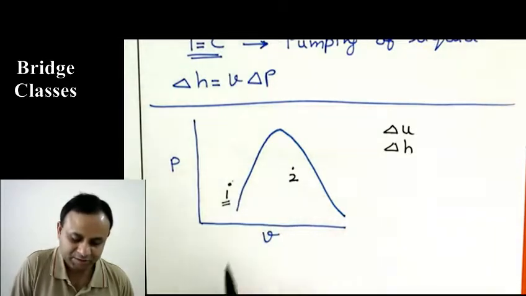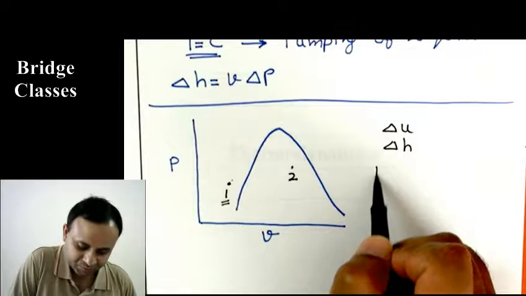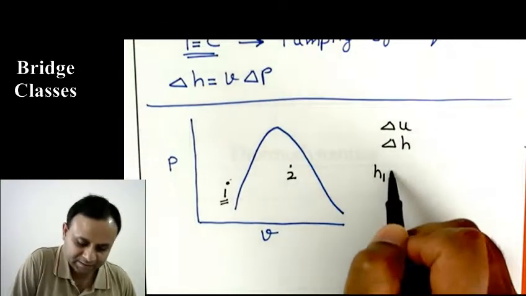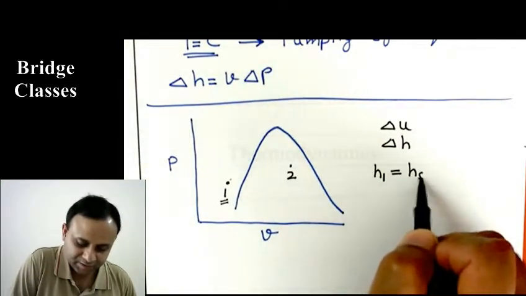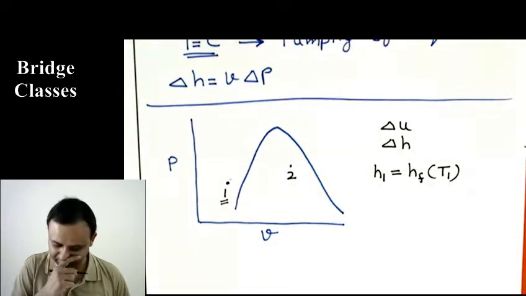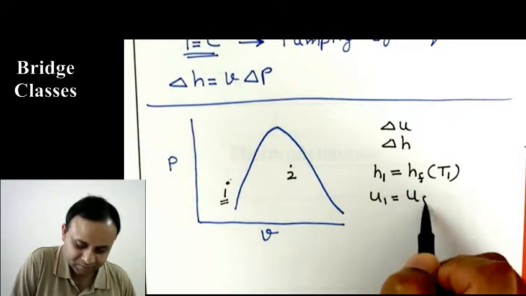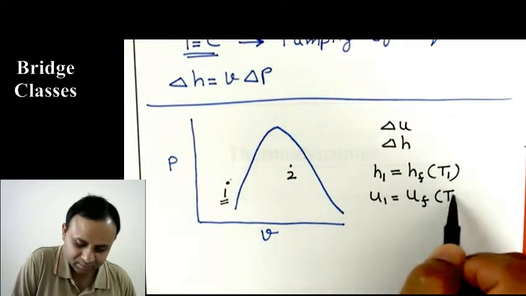So in this situation, what you will have to do is you will take H1 as the enthalpy of saturated liquid at the same temperature. We talked about this previously. Or U1 as the internal energy of saturated liquid at that temperature.